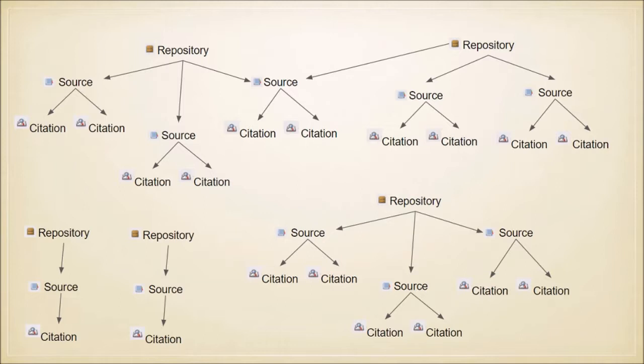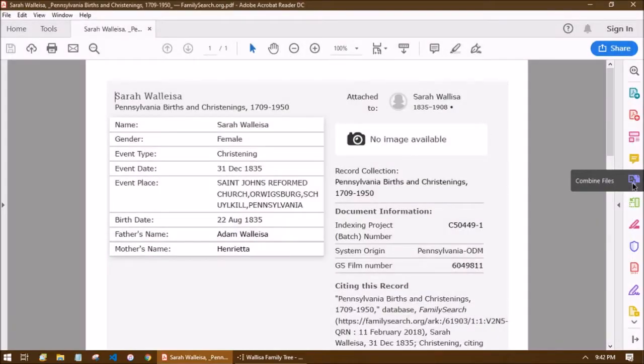So what I want to do now is look at a source that I pulled off of Family Search here. If you've been following these videos, we've been adding Sarah Wallisa and her parents and grandparents to our family tree. So they are already in the tree, and that's all that's in the tree so far, just her parents and her grandparents. And so now what we would like to do is add this information about Sarah Wallisa, and it's about her birth and christening.